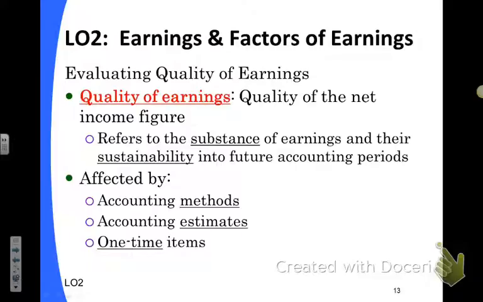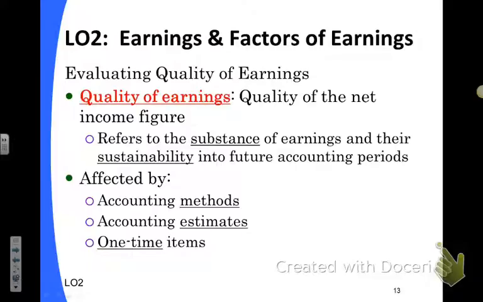Some of the sustainability goes into things that we've discussed in the past. We want to look at how much the business is generating in terms of their profits as it relates to their ongoing daily business activity.